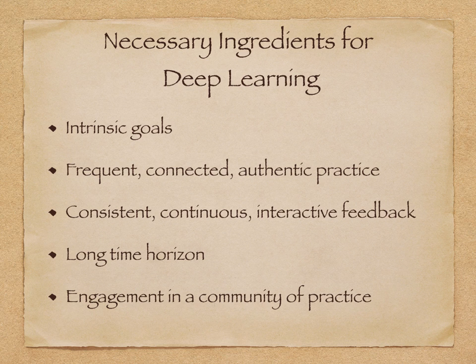And the last point to get deep learning in a class is engagement in a community of practice. This is the second or third time we've talked about this. What that means is us in a class right now, we're engaged in a community of learning. We should see this class and other classes that you're in as a place that we can learn together this material.